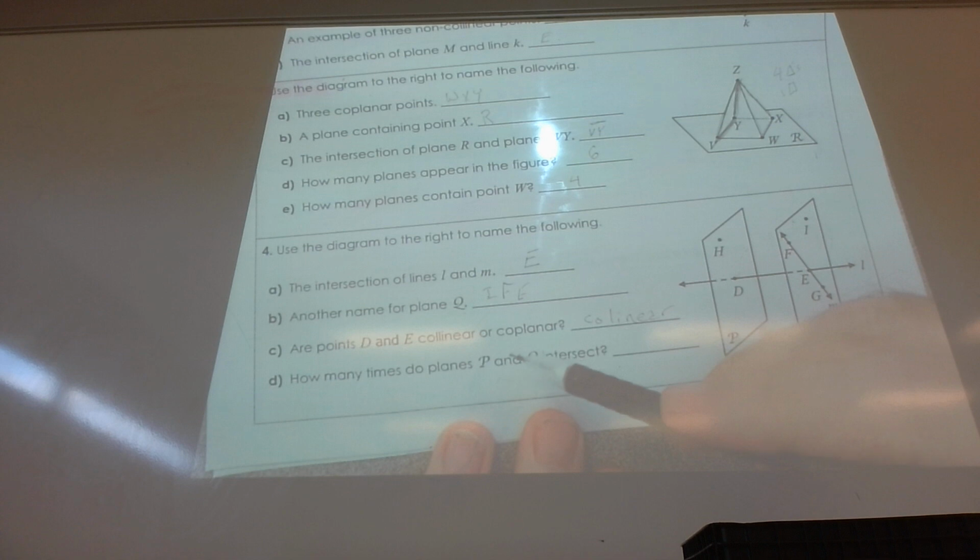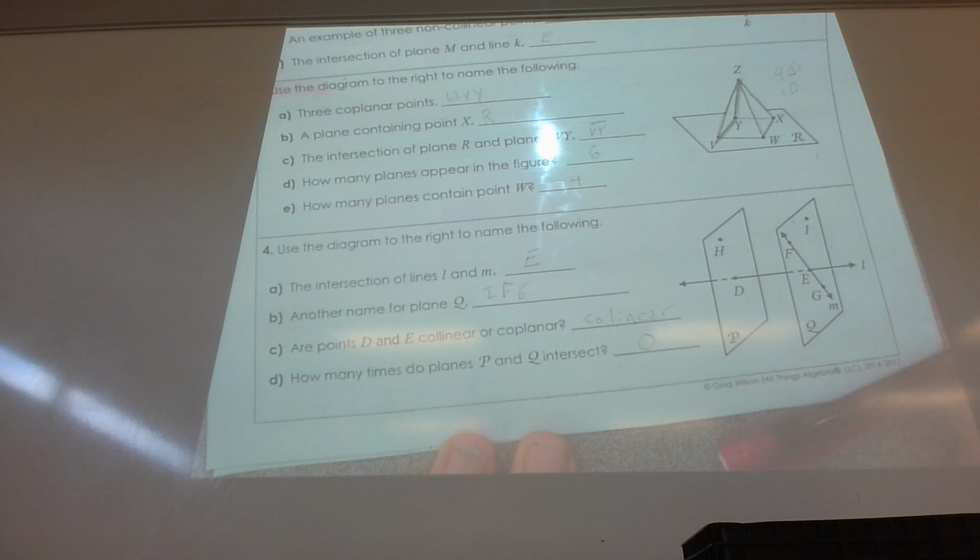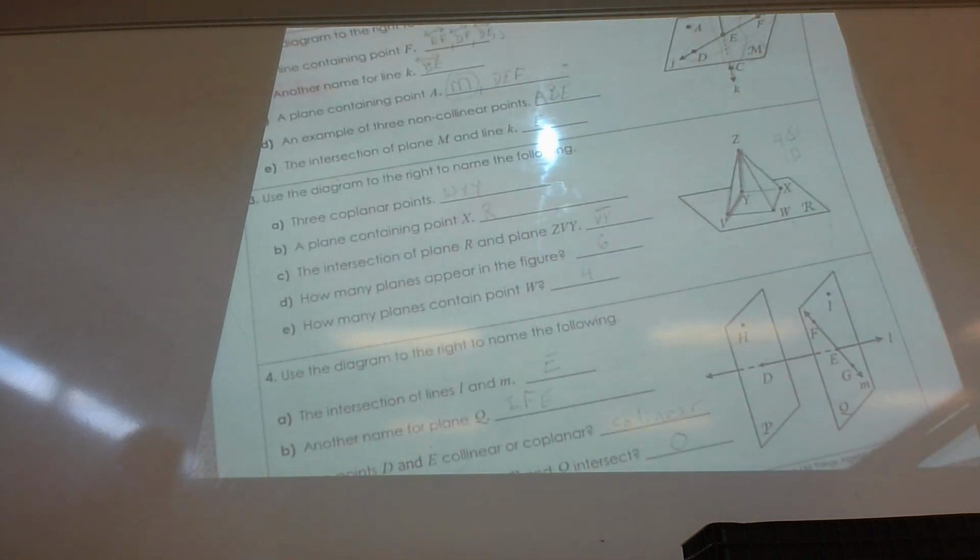How many times do plane P and Q intersect? Well, do these two shapes touch at all? The answer is no, so it's 0. And that's everything on points, lines, and planes.